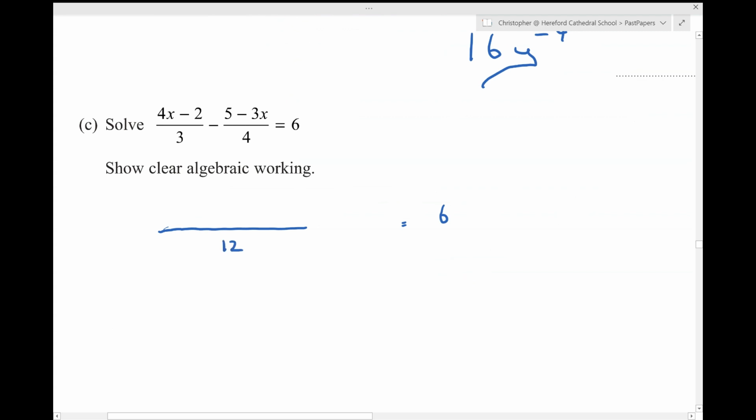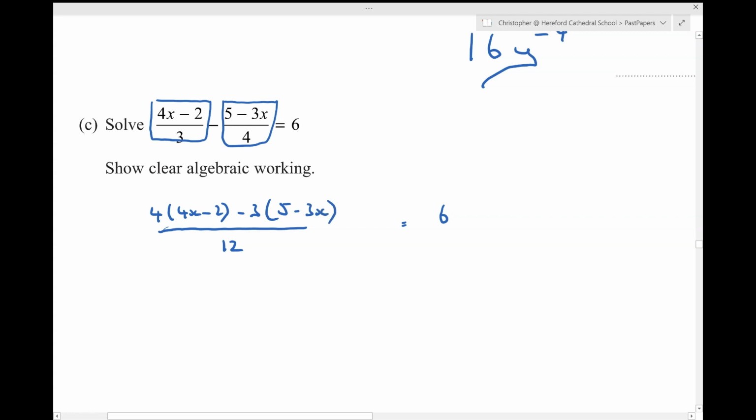Now, if I'm going to write this first fraction as twelfths, I'm going to multiply top and bottom by 4, so that's going to give me 4 lots of the top, and the bottom to be multiplied by 4 to get me the 12. Write this equals sign, be careful with your signs. Now, this fraction here, if I'm writing it as twelfths, I've multiplied the bottom by 3, so I multiply the top by 3. And that all equals 6.